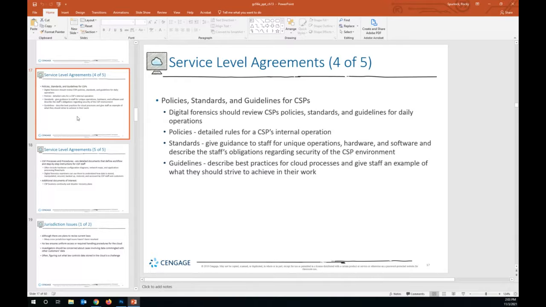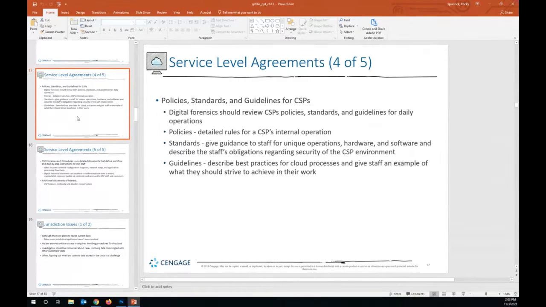They typically include personnel responsibilities, management structure, delegation authority, contracting authority, expectations of protecting data, and authorization to distribute information. So the policies give detailed rules for a cloud service provider's internal operation.